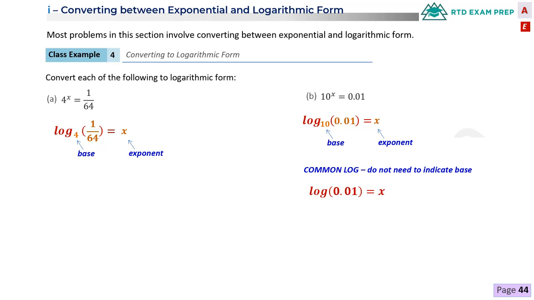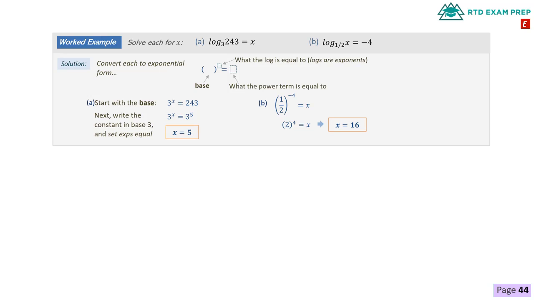Recall that here, because the base is 10, I could also write this without writing in the base of 10. Just a couple of notes regarding this worked example. First, an important thing to check is that when you convert between exponential and logarithmic form, or vice versa, the base always remains the base.